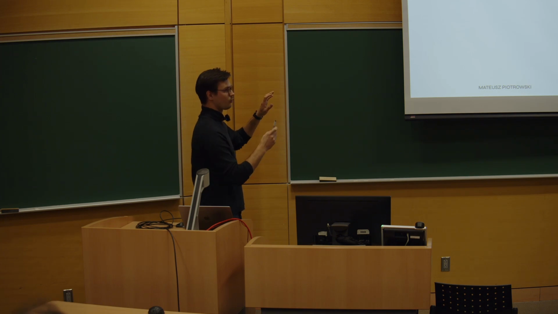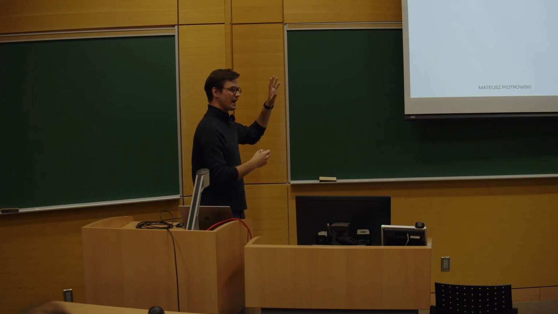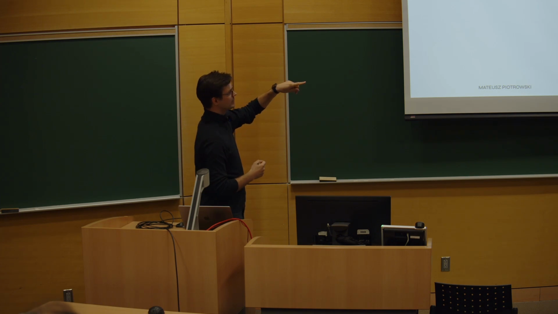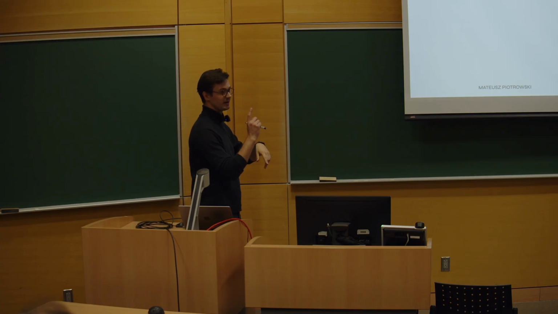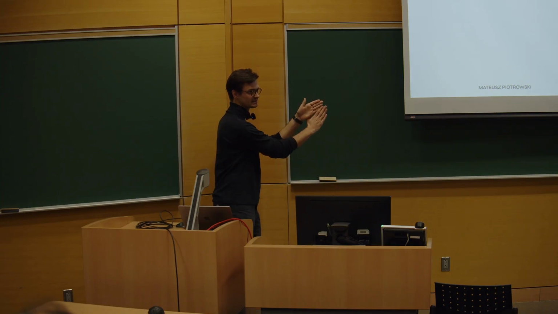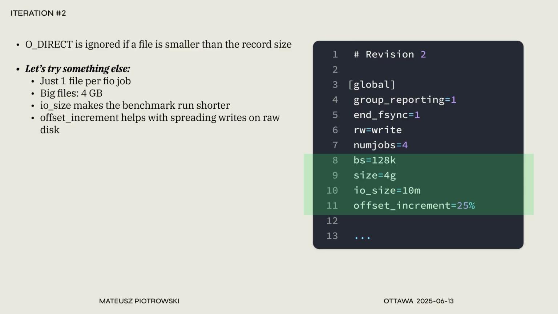So when I have a pool, I have 4 files. But if I write directly to the disk, I have just 1 file. And without the offset increment, all the jobs would write at the very beginning of the disk. So that's not ideal. With the offset increment, I make the 4 jobs write in 4 different places of the disk. So it just makes the benchmark more reasonable.